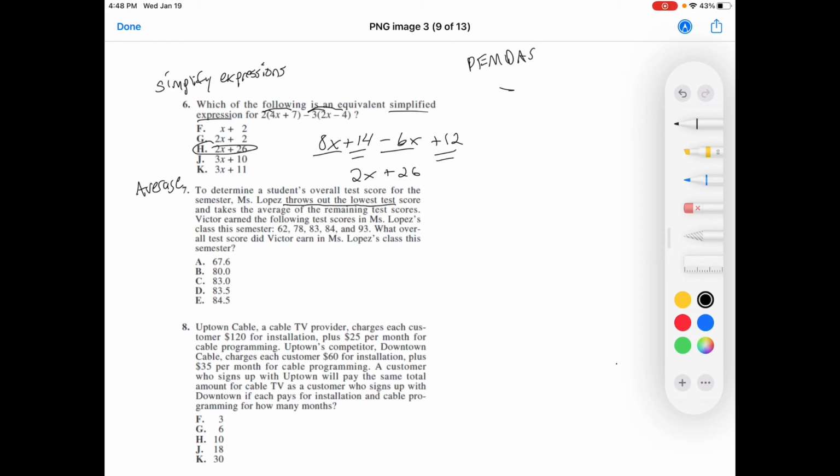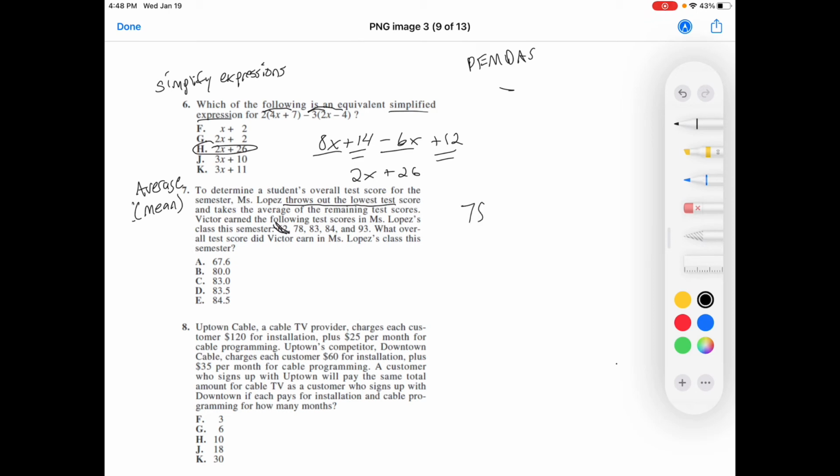And so what overall test score did Victor earn in Ms. Lopez's class this semester? Well, let's throw out the lowest one. The lowest one's a 62. And then we'll take the average of the remaining 4. To take the average, also called the mean, we're going to take the mean of the remaining test scores.